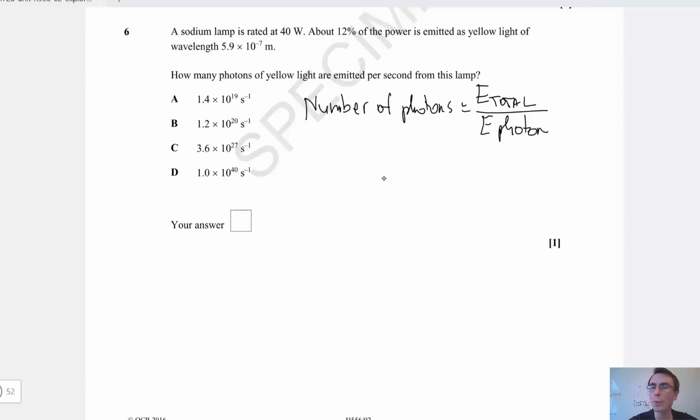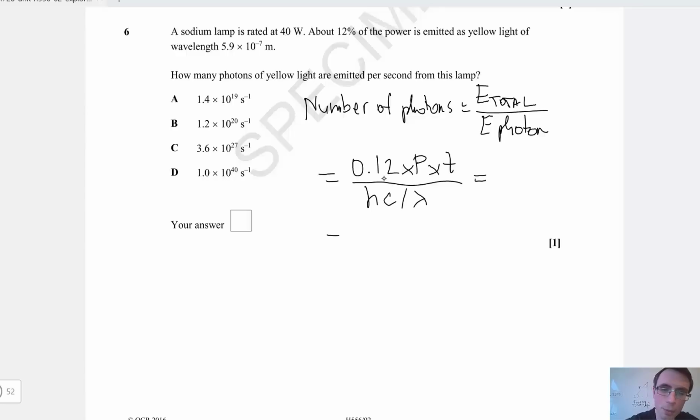Okay, so the total energy is just going to be equal to 12% of the power, 0.12, multiplied by the time, whereas the energy of an individual photon is just hf, which is just hc over lambda.